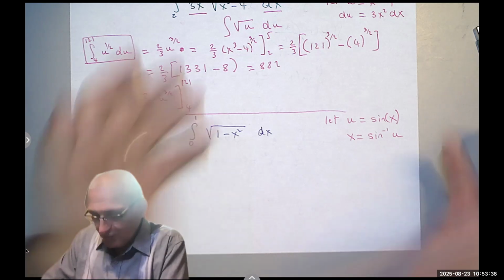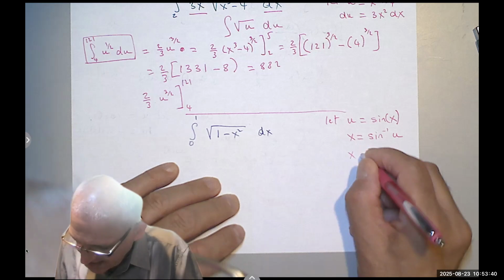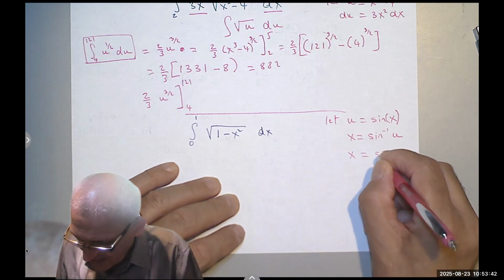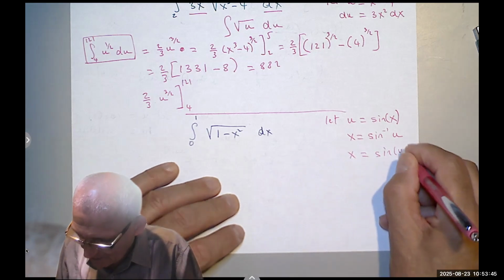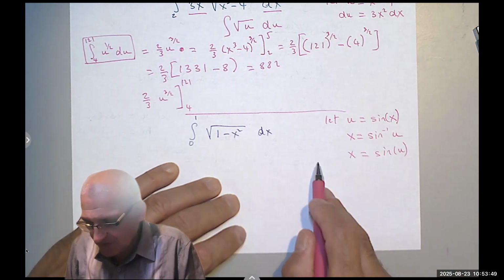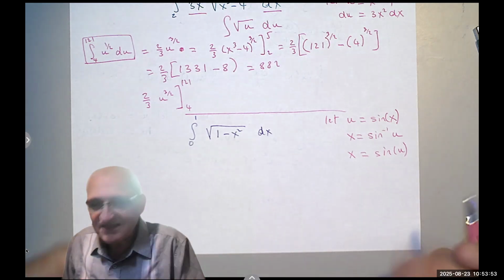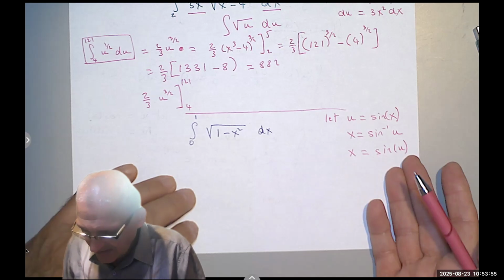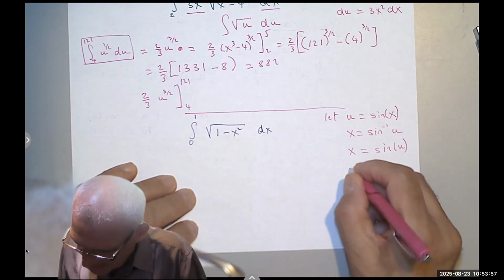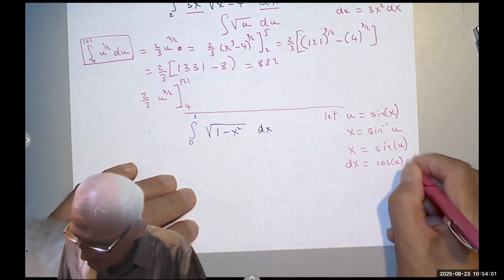So I have to do it the other way around. I have to say let x equals sine u, right? Because now when I square that and subtract it, I will get cosine. So you can do it both ways, but it's easier if I say x equals sine u, right? Because now dx becomes cosine of u du.